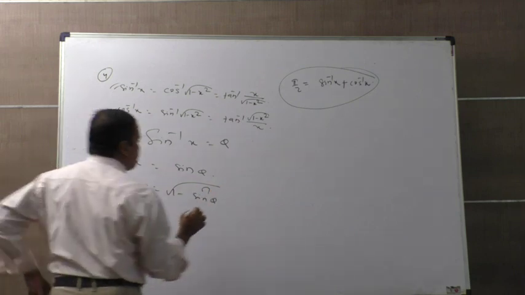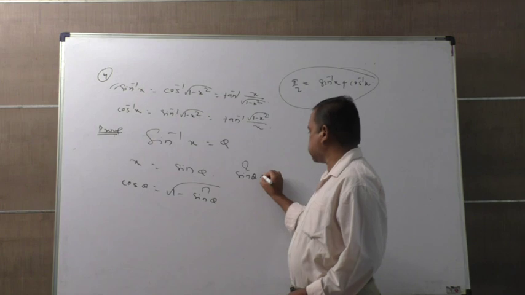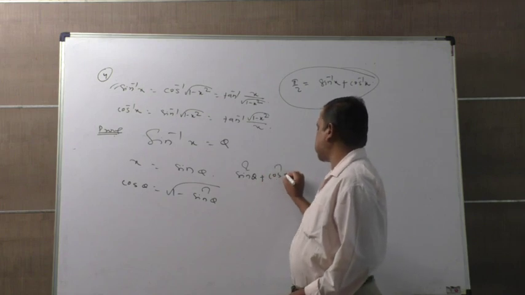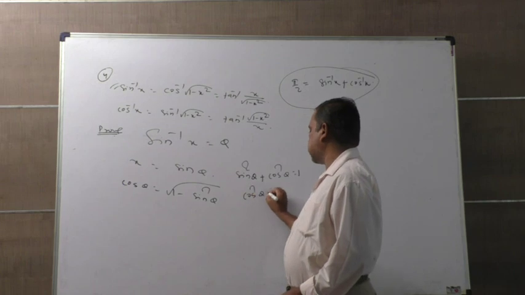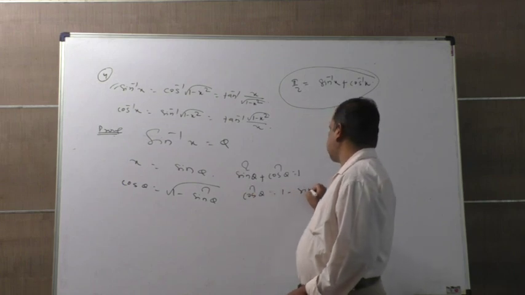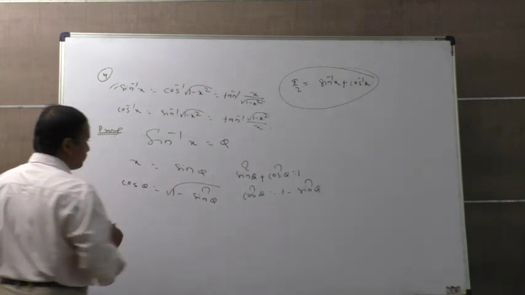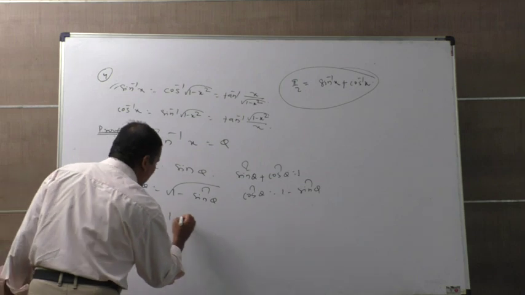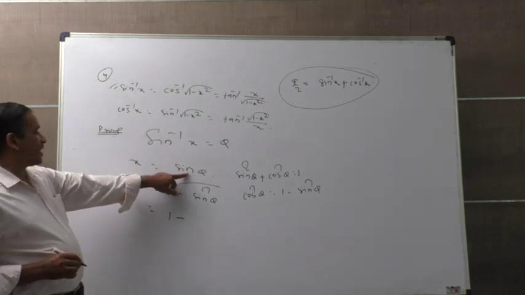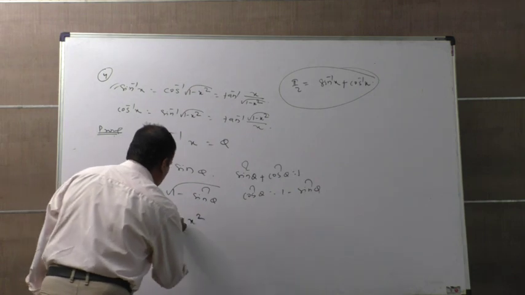Where does it come from? The basic identity is sin square theta plus cos square theta is equal to 1. So cos square theta is 1 minus sin square theta. So cos theta is root of 1 minus sin square theta, that is root of 1 minus x square, since sin theta is x.